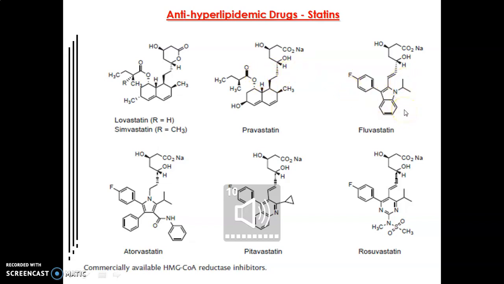This is the structure of fluvastatin. This is atorvastatin, pitavastatin and rosuvastatin. So in all the structures here, the dihydroxycarboxylic acid or carboxylic acid salts are responsible for the inhibition activity of HMG-CoA reductase.